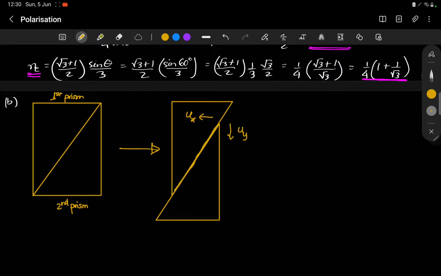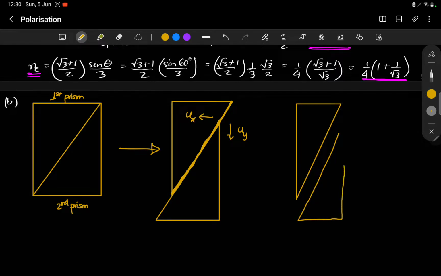We need to maintain the contact along this interface. If only the vertical component of the speed is there, then it will lose contact, because then we will come to a situation somewhat like this. Only vertical component of the speed is there, then it would lose contact. So we don't want such a situation. This is not what we want.